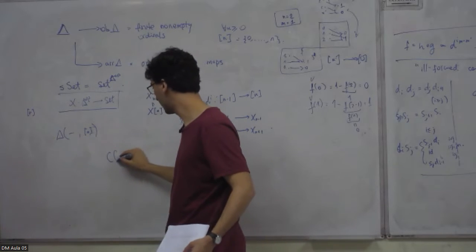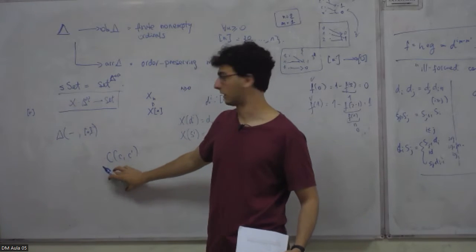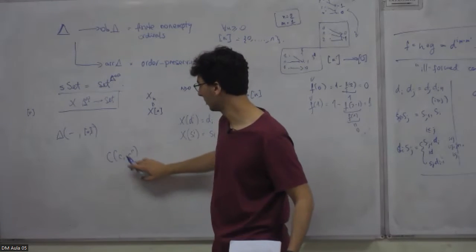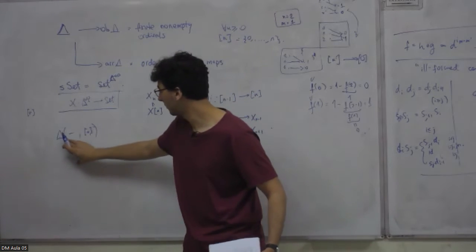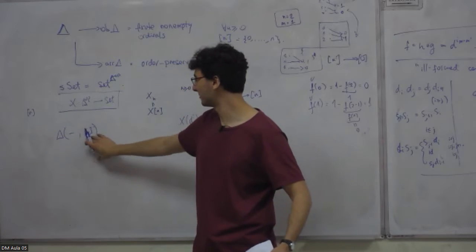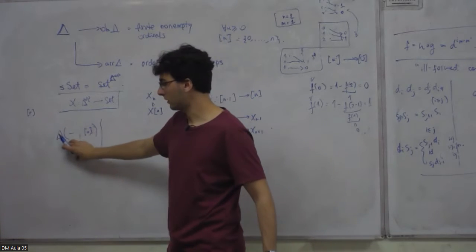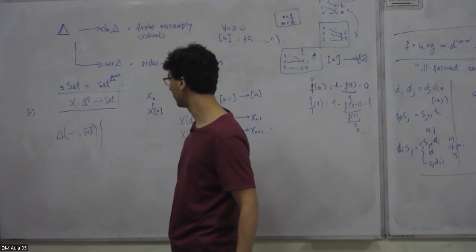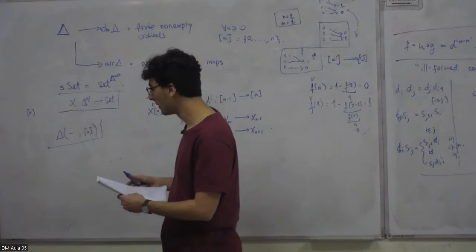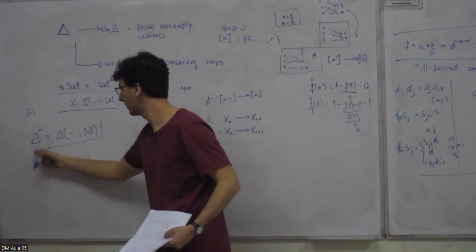In general, in a category C, I use this kind of notation for the set of arrows in C between these two objects in this order, right? So these are the order preserving maps from a blank space to the object I had fixed. And when you replace here the different objects, this gives you a simplicial set. And this guy I'll denote by delta supra n.